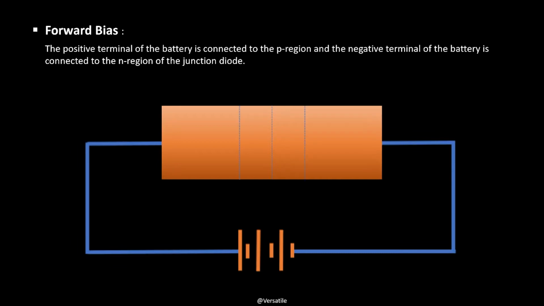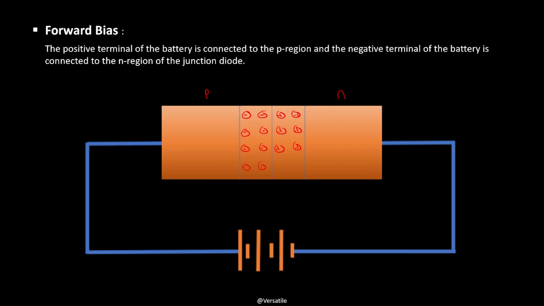And as we already know, immobile ions are present in the depletion region. In the P side, we have negatively charged immobile ions, and in the N side, we have positively charged immobile ions.